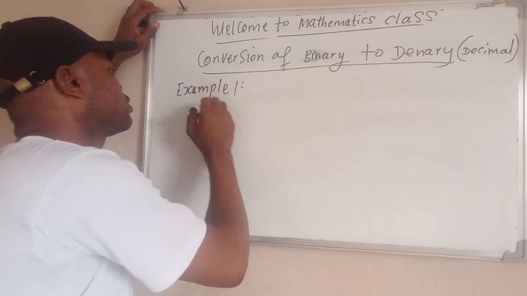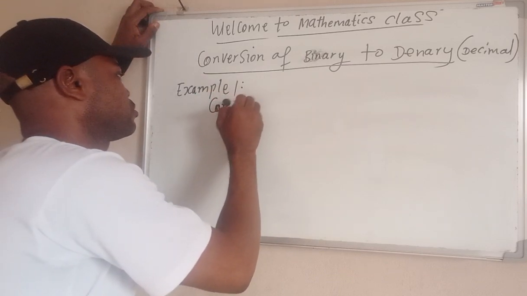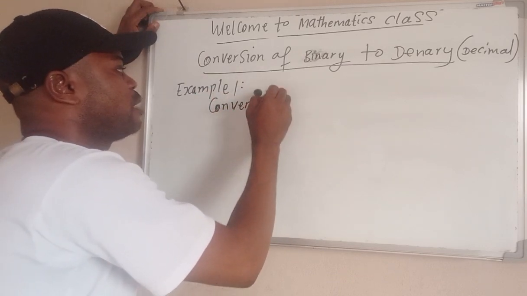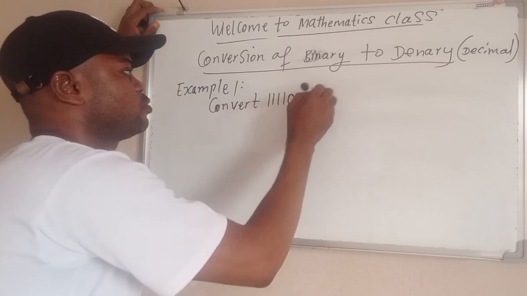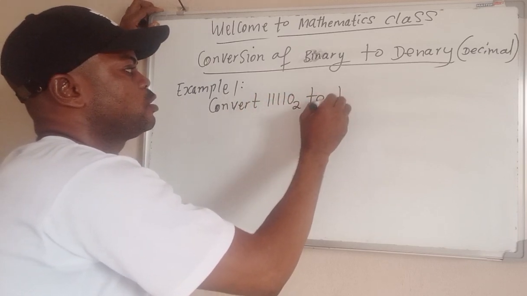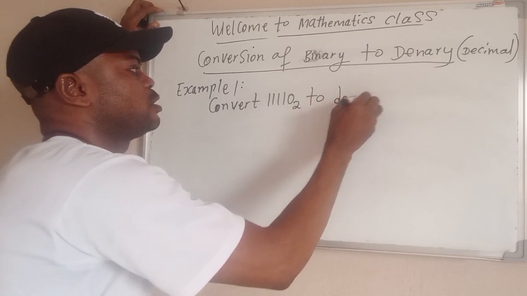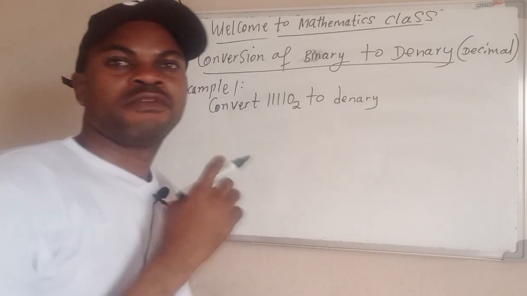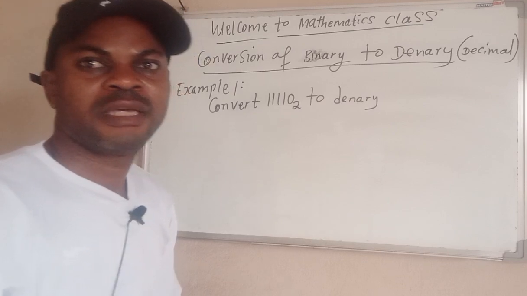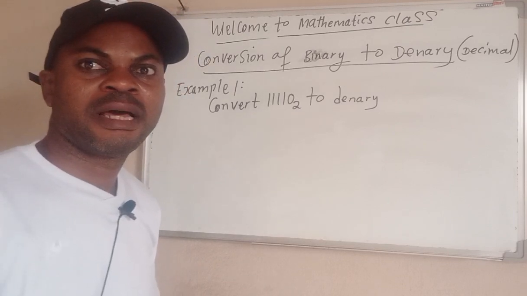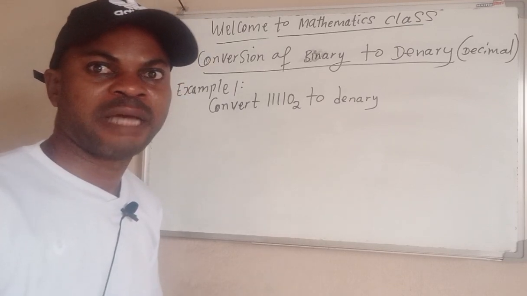The question says, convert 11110 base 2 to denary or decimal. If you are given a question like this, what do you do? It's as simple as ABC. Simply apply the principle of expansion.